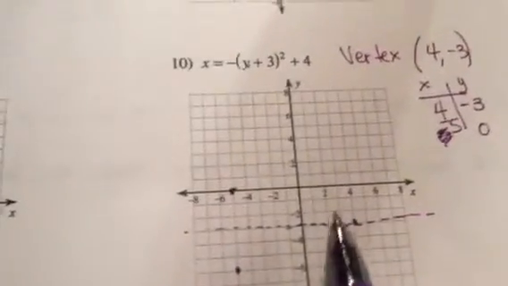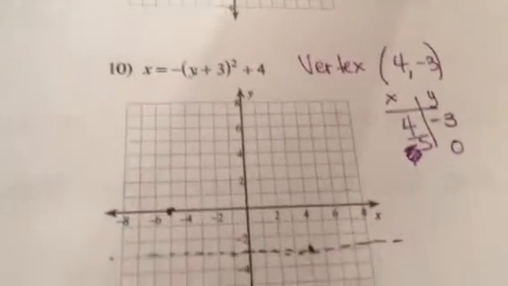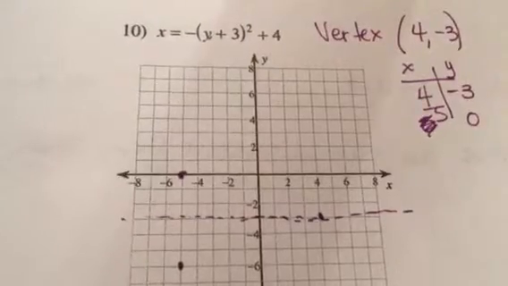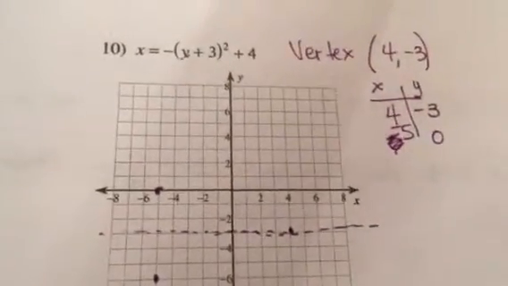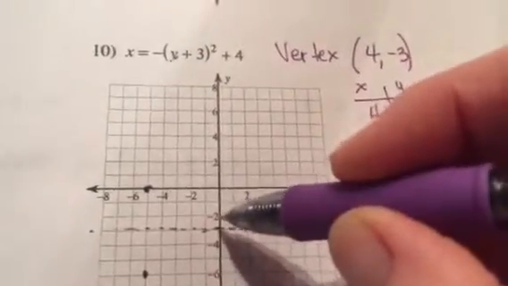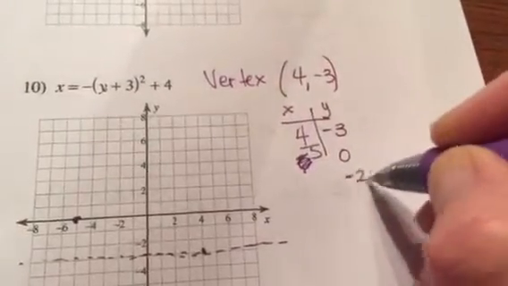Okay, now I'd like you to have one more point, so plug in something else. Let's plug in something else between 4 and 5. I'd like to plug in something here. How about if we plug in like a negative 2 for y?